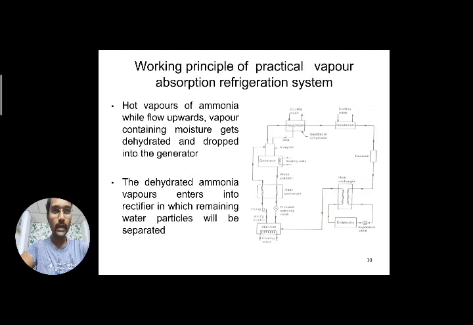It will be completely dehydrated in the rectifier. Whenever cooling water is circulated here, the water particles will get condensed and water droplets will fall here. Through the drip line, you can see a circuit is there. Through this drip line, it will again come back to the analyzer component, and it will fall into the generator. So here you can read the point: the dehydrated ammonia vapors enter the rectifier, in which the remaining water particles will be separated.